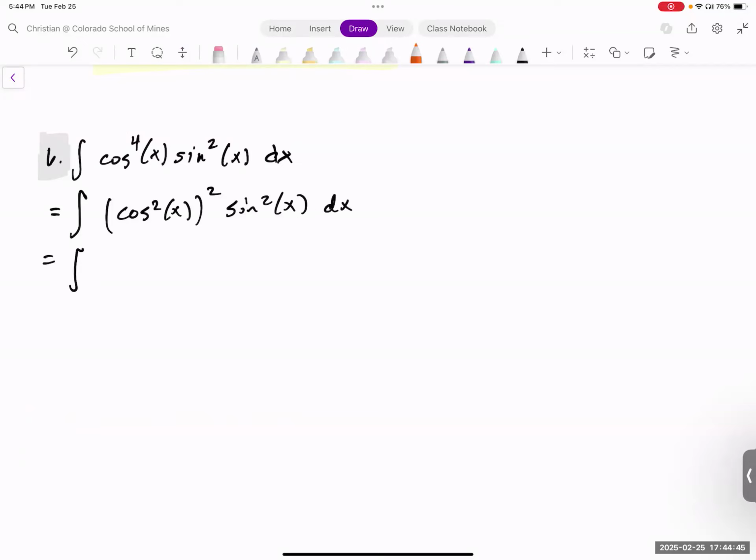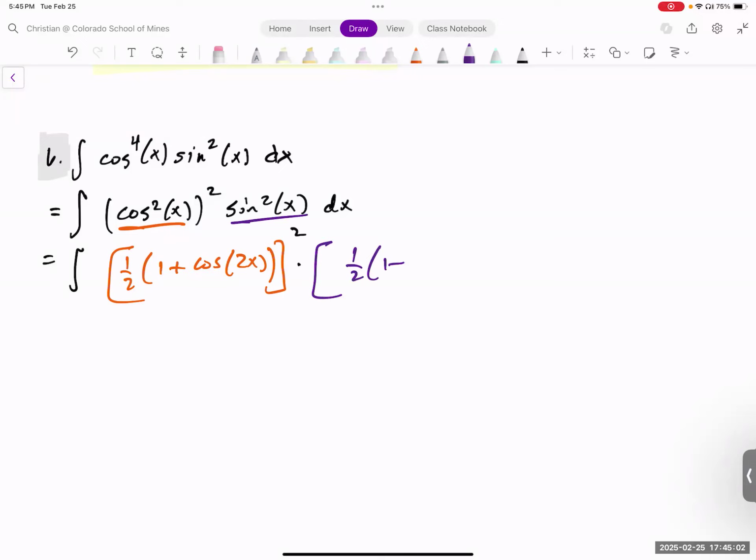Now the cosine squared x becomes 1/2 (1 plus cosine 2x), and we're squaring all of that. The sine squared x becomes 1/2 (1 minus cosine 2x). And there we go. And then dx.